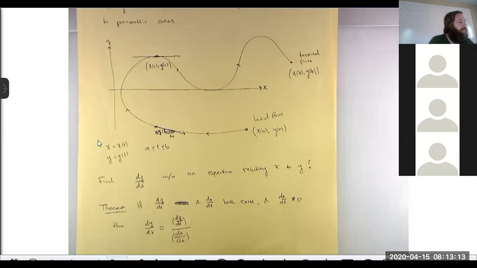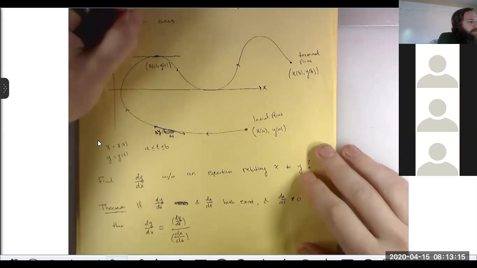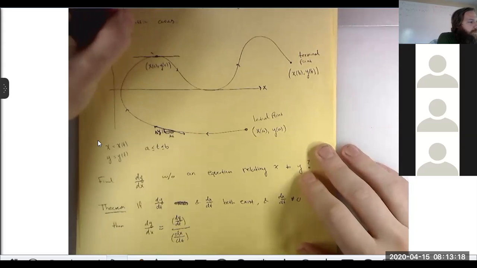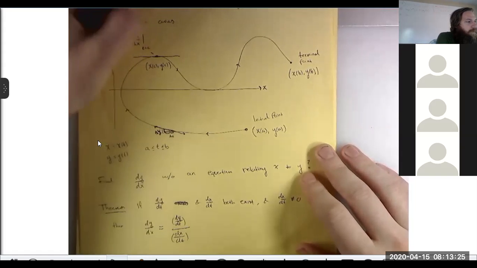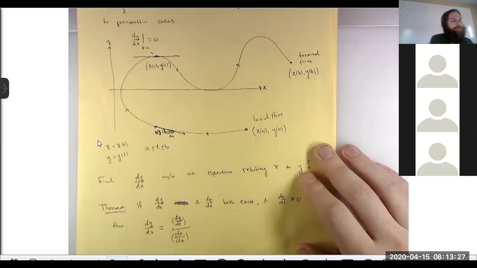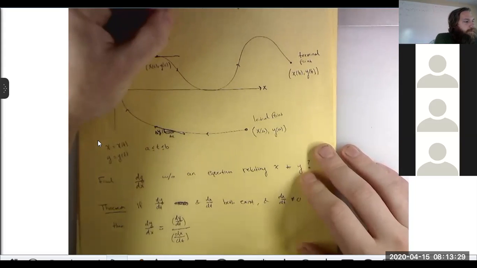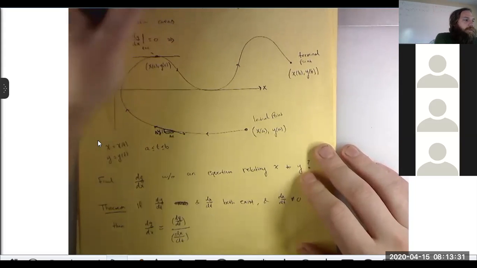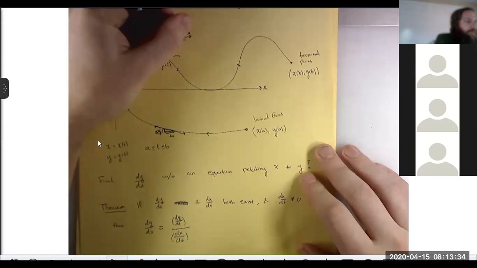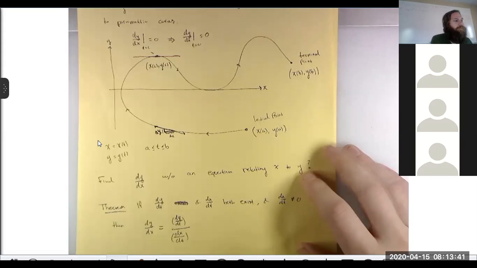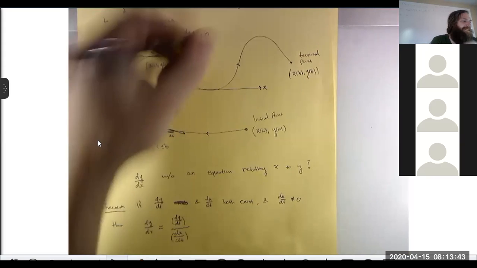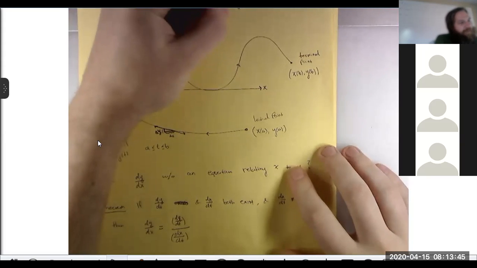Then dy/dx evaluated at t equals c would have to be 0, which means dy/dt evaluated at t equals c equals 0. And also that dx/dt is non-zero.